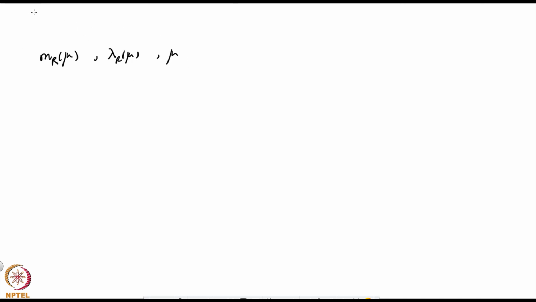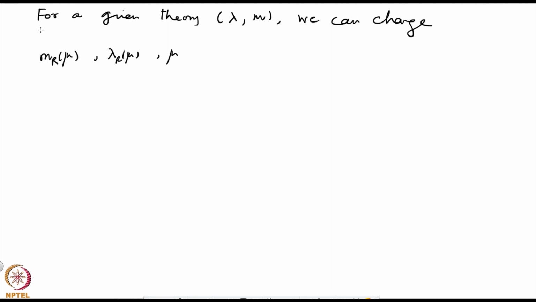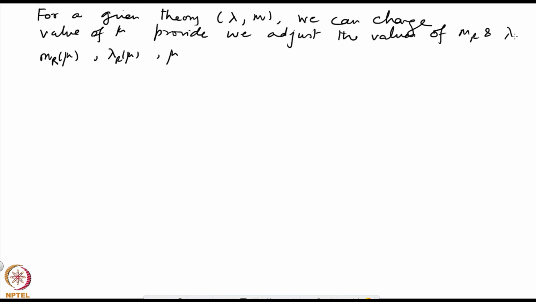So for a given theory, meaning given choices of lambda and m, we can change the value of mu provided we adjust or change the values of mr and lambda r such that lambda and m do not change, right?